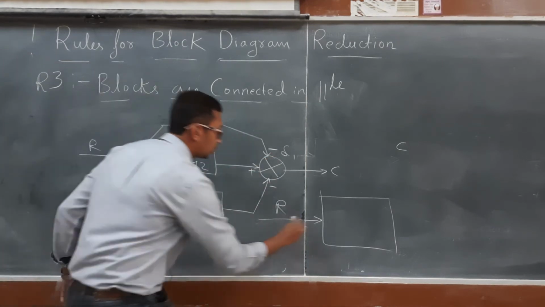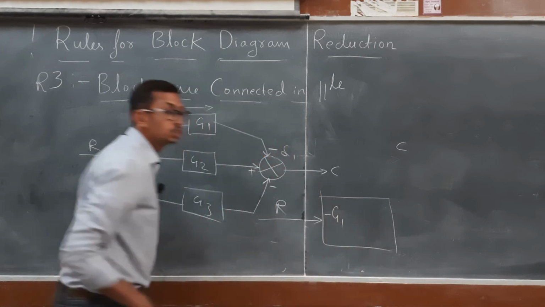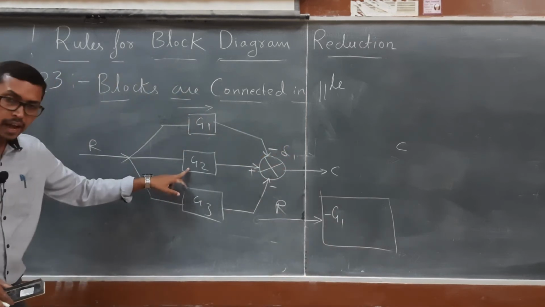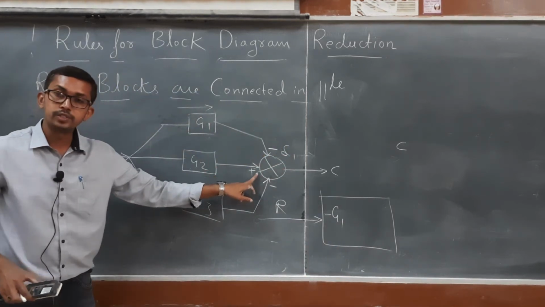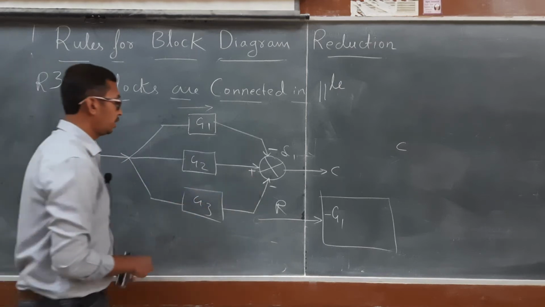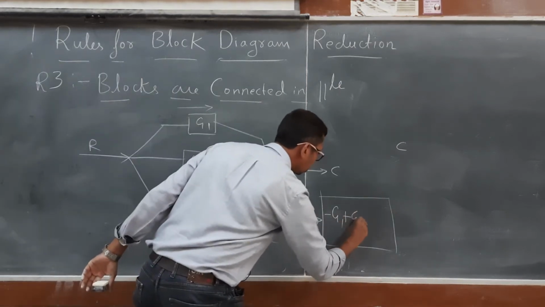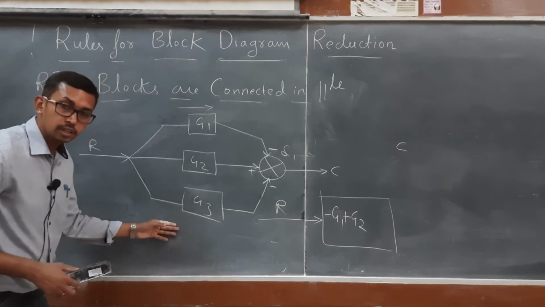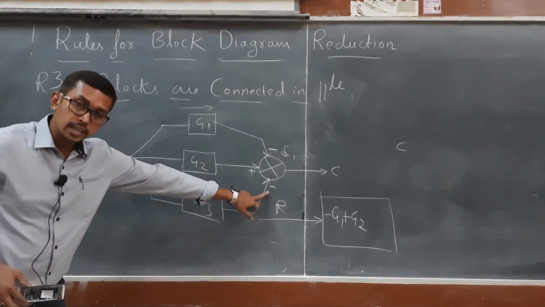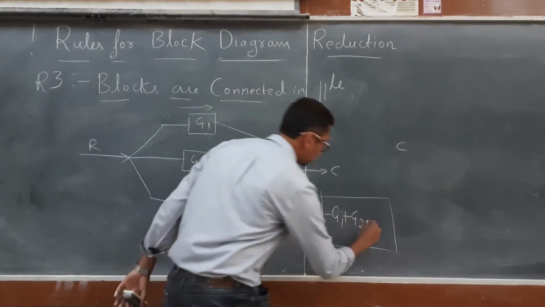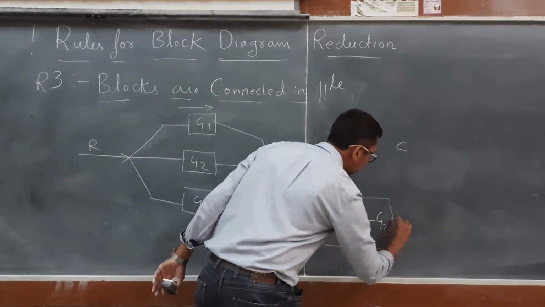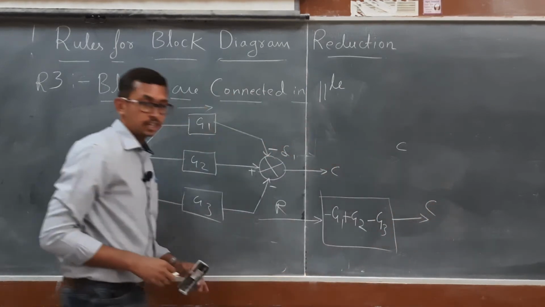Minus. So it will be minus G1. We have G2 with the symbol plus, so it will be plus G2. Next we have G3 but with the symbol of minus, so it will be minus G3. The output is C.